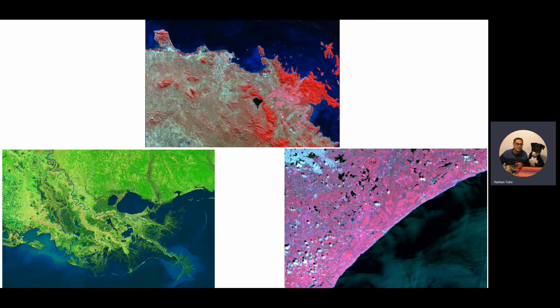And so we can look at things differently in satellite remote sensing, as we've been seeing, but these are some examples of that. One thing we do a lot is what's called false color imagery. We are looking at images in red, green, and blue, and we may be processing data in different wavelengths.